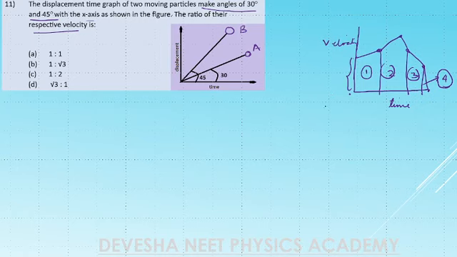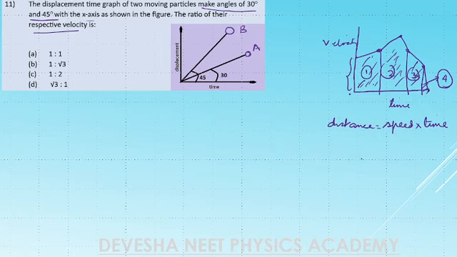The distance will simply be the area under this graph, because distance is equal to speed into time. So this is basically the area in the graph, and that will be the distance computed.